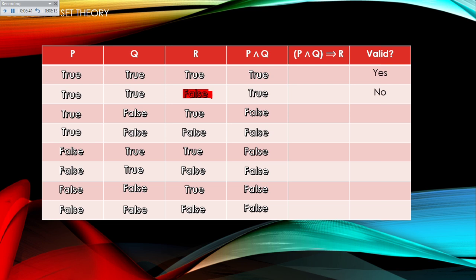The argument is only valid overall if there are no rows where the conjunction of premises is true and the conclusion is false. In this case, the second row shows such a scenario, making the argument invalid.